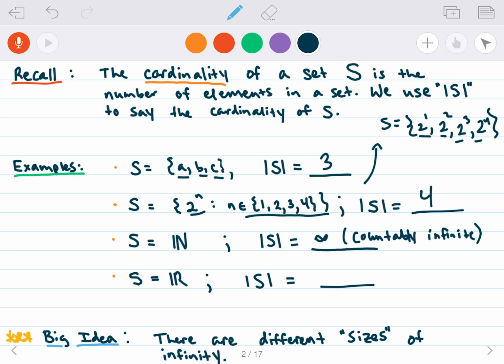We're also going to learn that the real numbers are infinite, but it's a different sort of infinity, a different notion than the cardinality of the naturals. Even though the naturals are also infinite, we can always add more and more natural numbers to a list. We can't exactly list all of the real numbers. There's no way to do that.